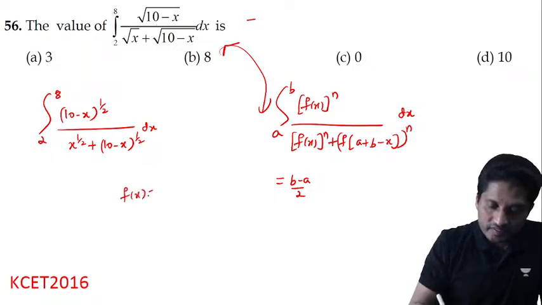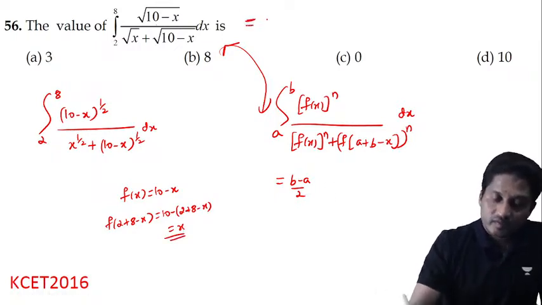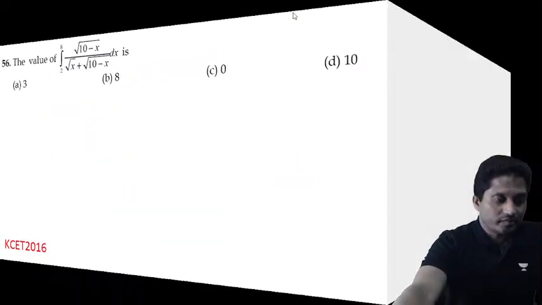If I compare, fx is equal to 10 minus x, and f of lower plus upper minus x, 2 plus 8 minus x, again you will get fx only. Change x to lower plus upper minus x. If you open the bracket, you will get x only. Answer is b minus a by 2, that is 8 minus 2 divided by 2. Right? Let's move to the next question.